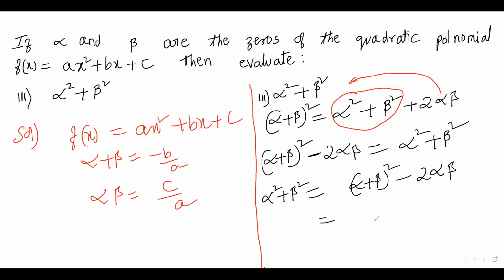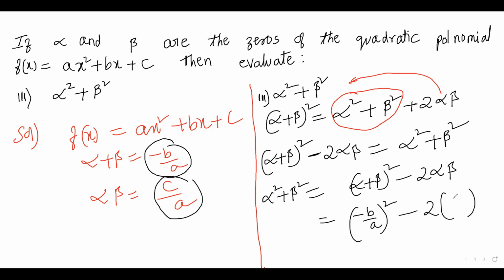Now tell me, what is alpha plus beta? What is the sum? Minus b by a whole square. What is the product? C by a. Let us simplify.